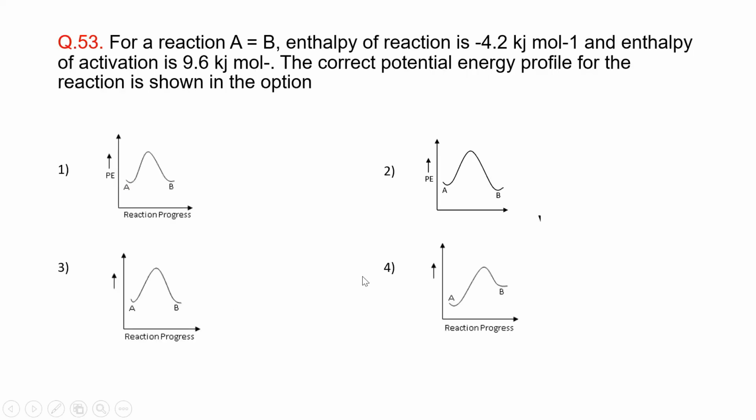Next, question number 53. For a reaction A gives B, enthalpy of reaction is minus 4.2 kilojoules per mole and enthalpy of activation is 9.6 kilojoules per mole. The correct potential energy profile for the reaction is shown in which option. Enthalpy of reaction is minus 4.2 kilojoules per mole, that means it is an exothermic reaction.